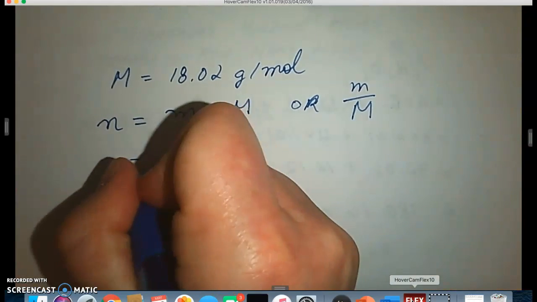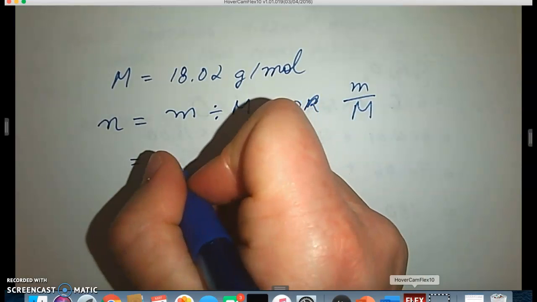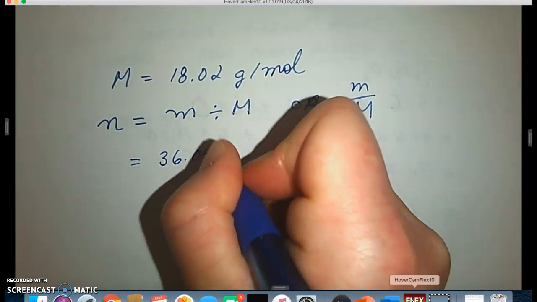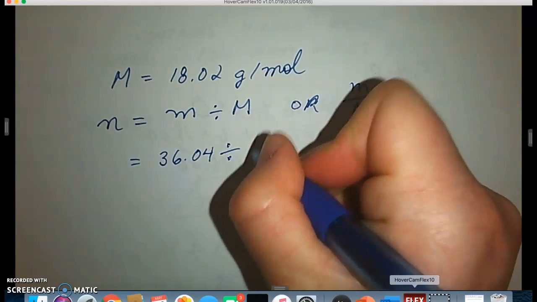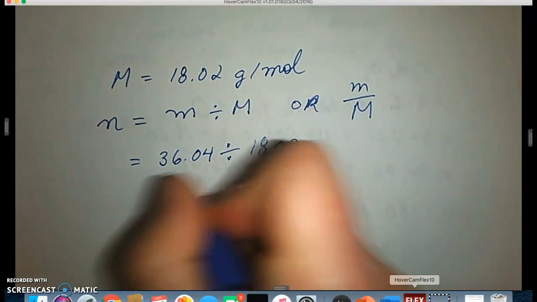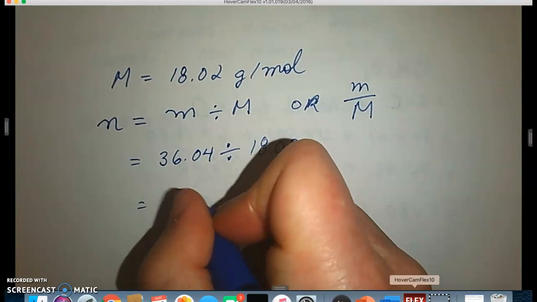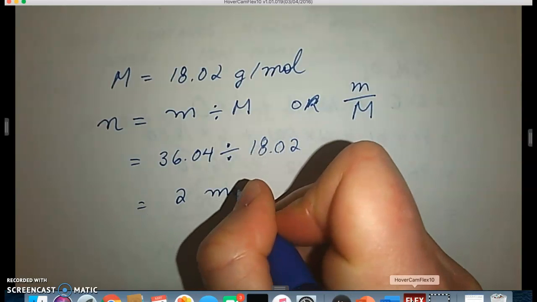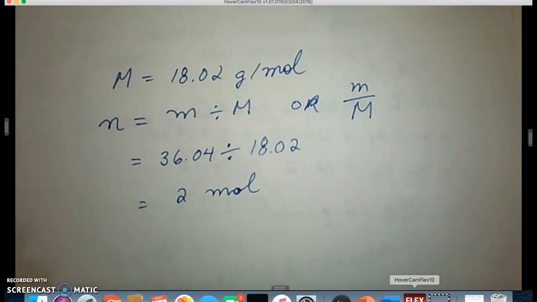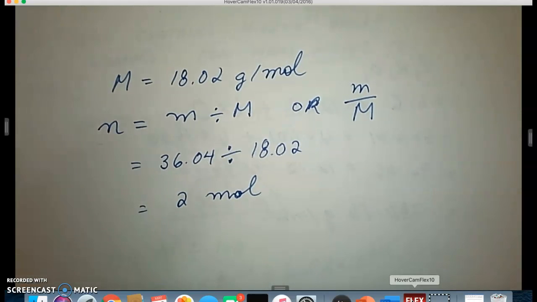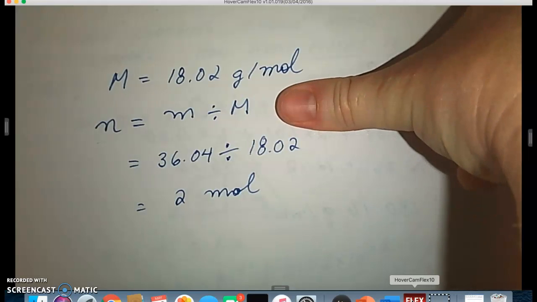Either one is fine. So my mass was 36.04. My molar mass, 18.02. Plug that into a calculator. Answer is 2. And then my unit for moles is MOL. So that's how you might show your answer here, although you don't obviously need to show both parts of the formula. You can show either version.